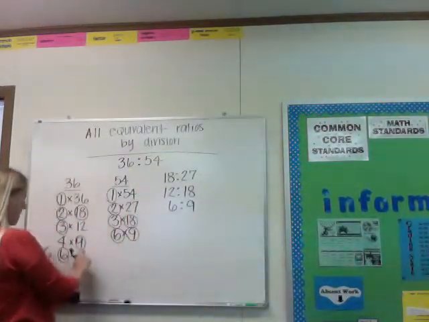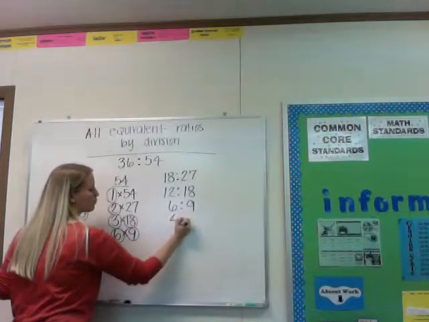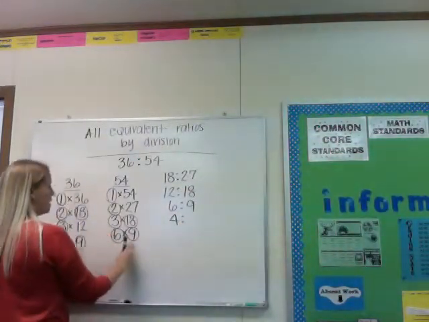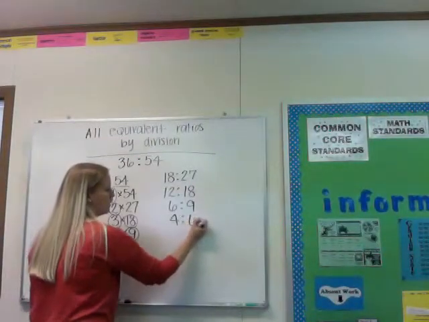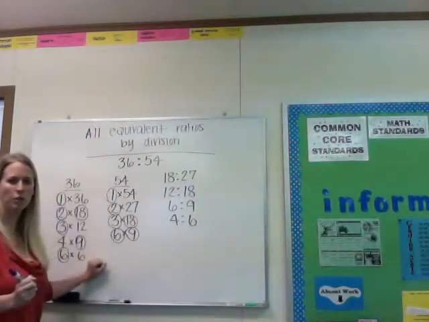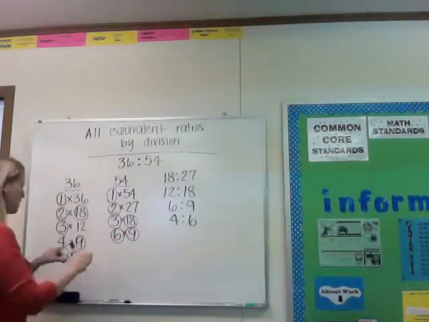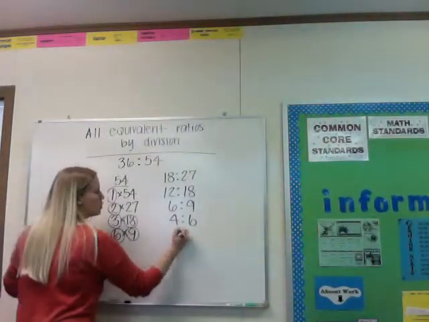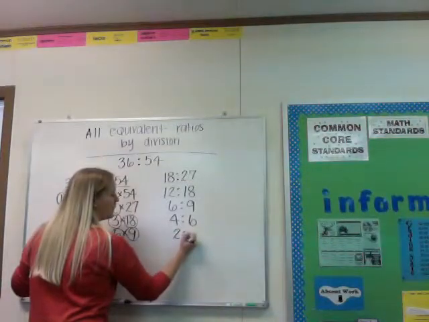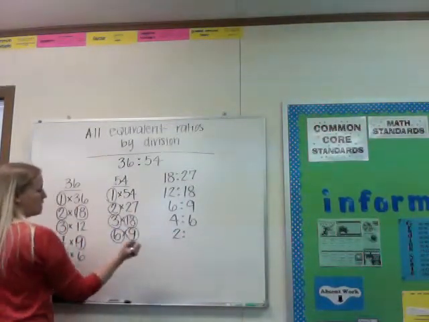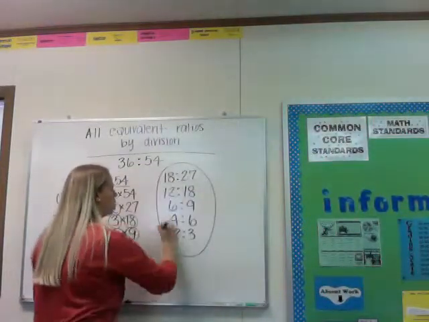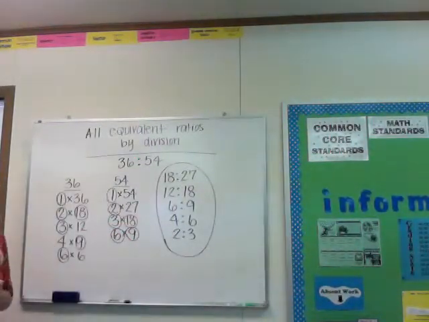So 36 divided by 9 is 4. And 54 divided by 9 is 6. That's another equivalent ratio. And then finally, I have the number 18. So 36 divided by 18 is 2. And 54 divided by 18 is 3. These are all my equivalent ratios to 36 and 54.